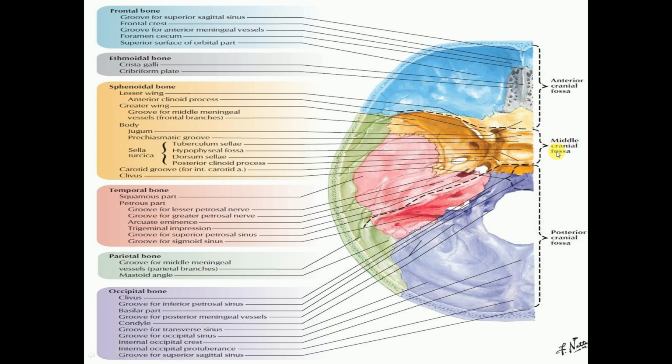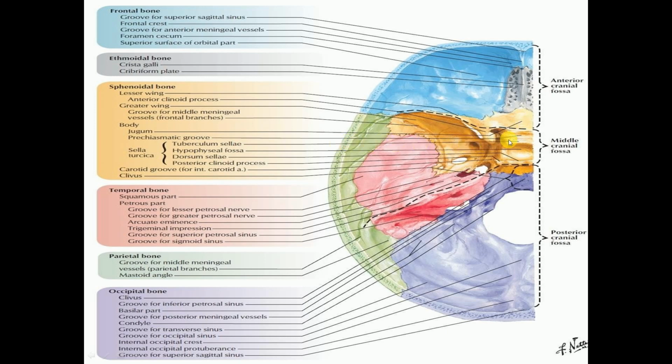Coming on to the middle cranial fossa, in this you have your lesser wing of sphenoid, and this is your anterior clinoid fossa. This is your greater wing of sphenoid, in which you have the grooves of the middle meningeal vessels. In the body, you have the jugum and the sella turcica.